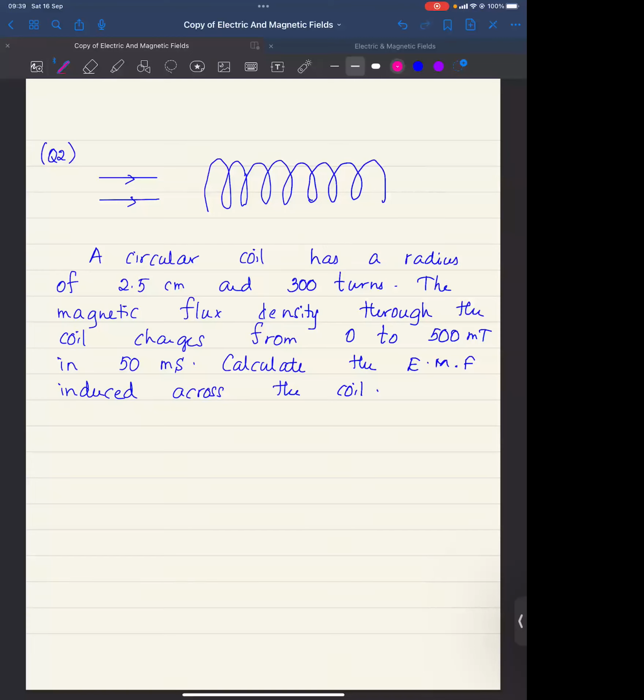Calculate the EMF induced across the coil. Can you give it a try?